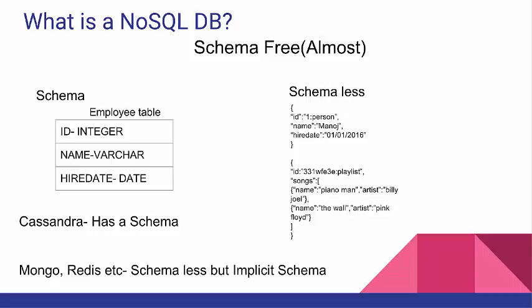I say this because if I am a developer passing through the document, I should know what the fields within a document stand for. Otherwise, how will I process it? So really the schema shifts from the database to the code layer. Also, if I have a table with two different documents, as in the slide, it will surely lead to erroneous processing. When I expect an employee in my code, I get a playlist. Go figure, right?